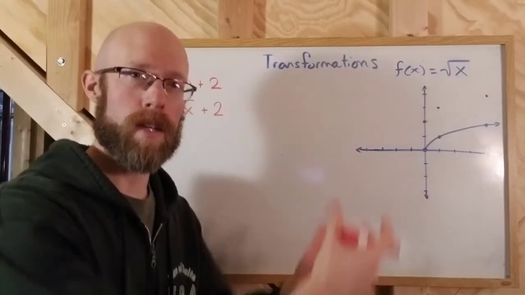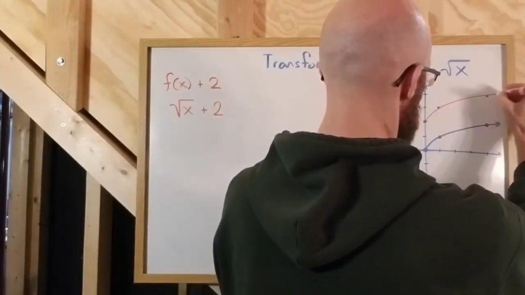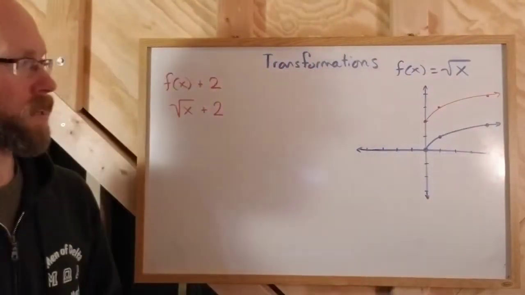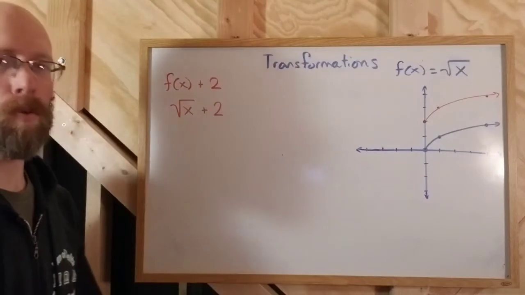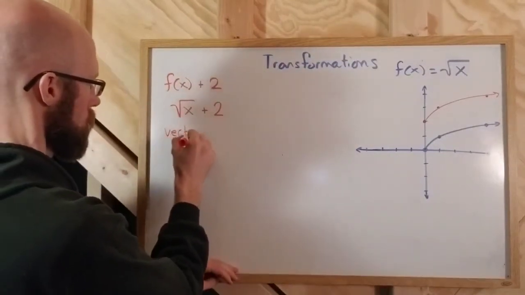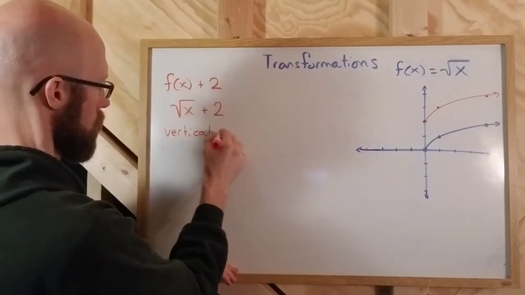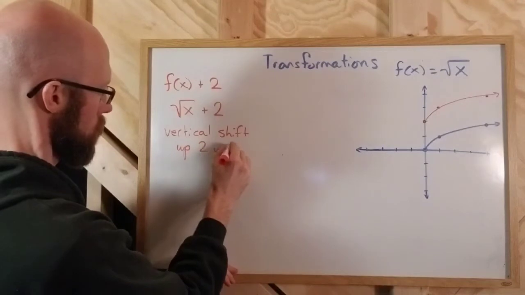Every point gets a 2 added to it, and you end up with a new function or a new graph that is, again, the same shape, but just shifted up 2 units. Okay? Every point shifted up. So this is a vertical shift up 2 units.